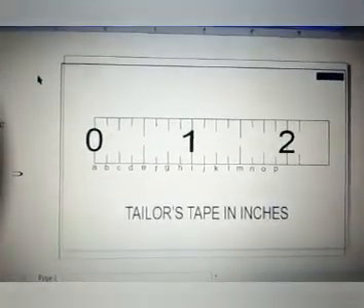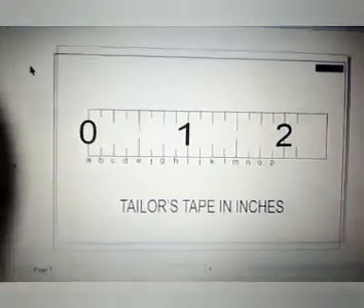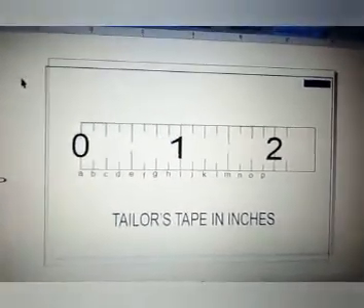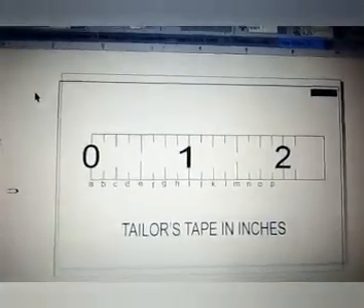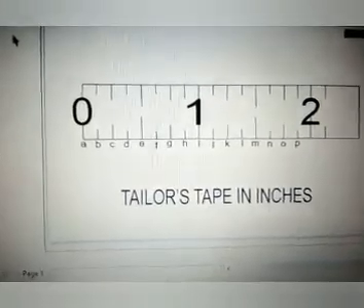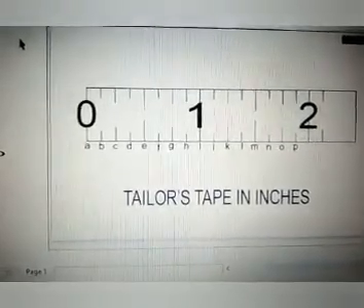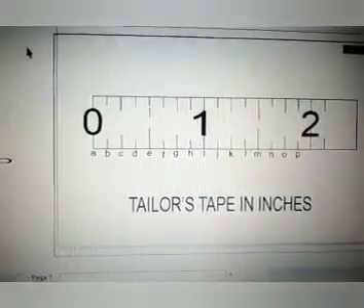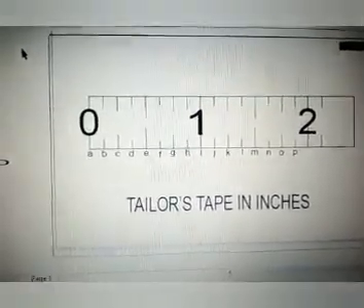I labeled my own tape so that I can explain to you better how the measurement works. If you pay attention, I labeled it from A, B, C up to P. With this, I'm going to explain how it works.